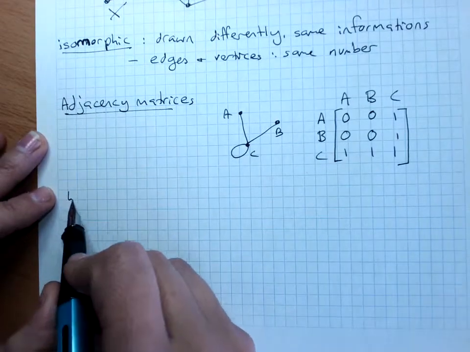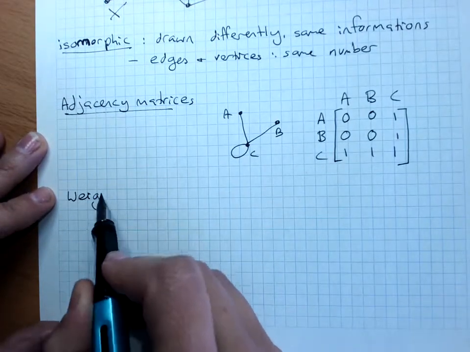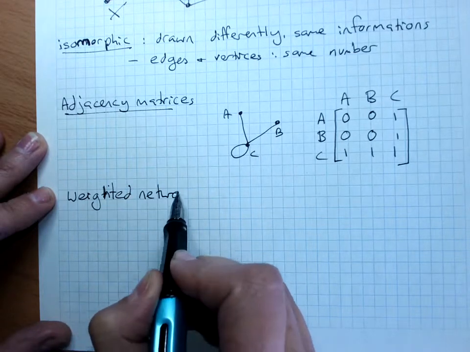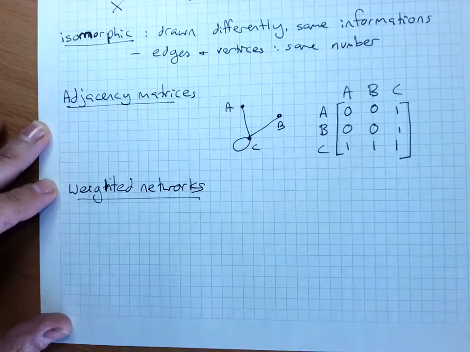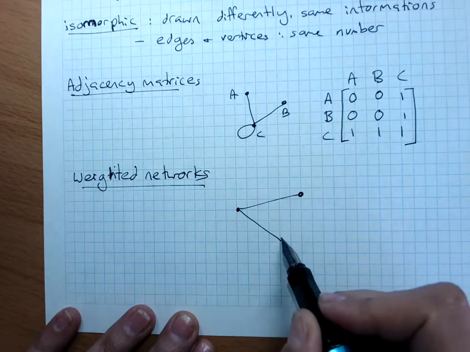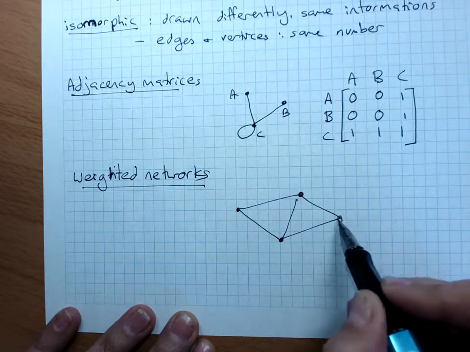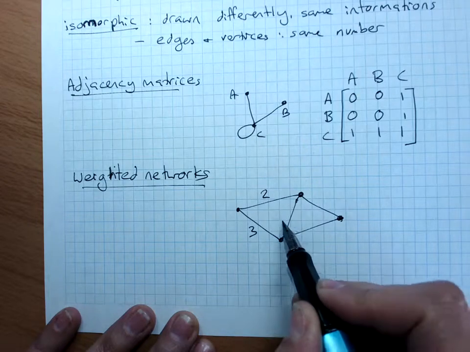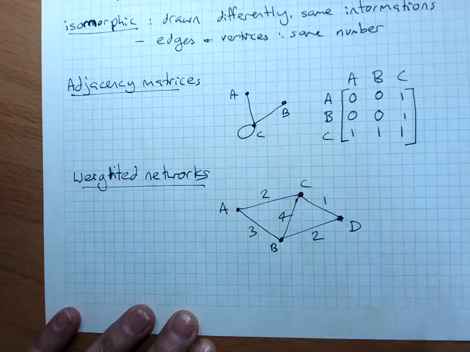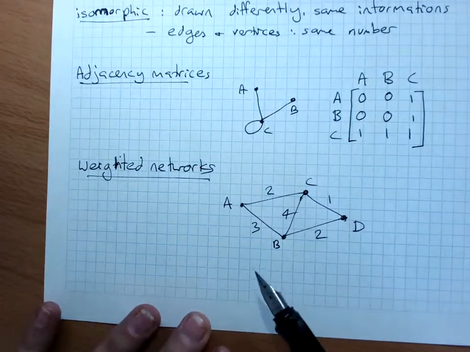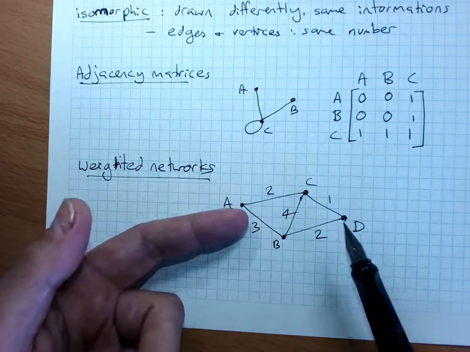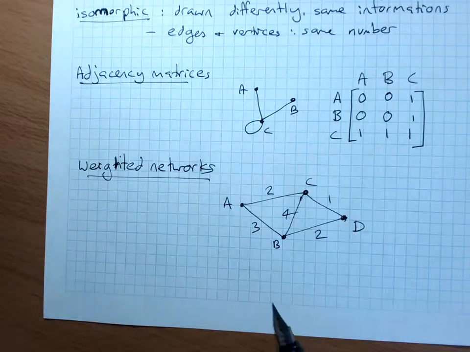The last issue was the weighted networks. That was when you have a value on each of your edges, and usually we'd ask what the shortest way is to get from A to D. You would have to evaluate all the different paths.